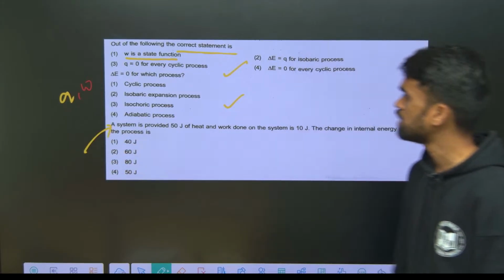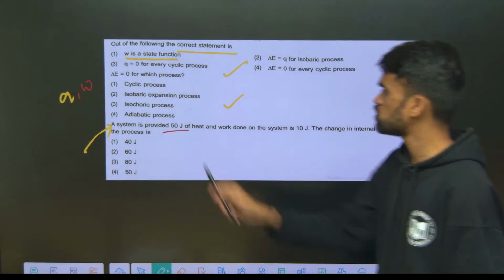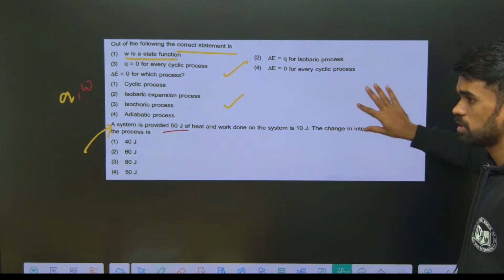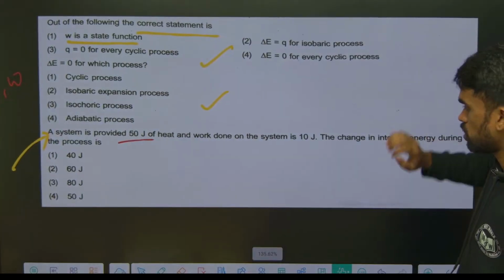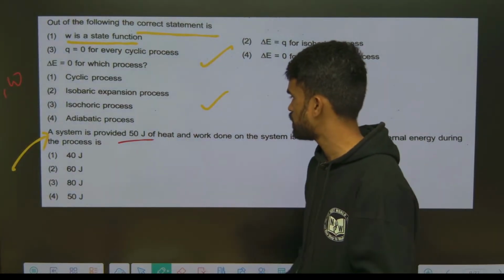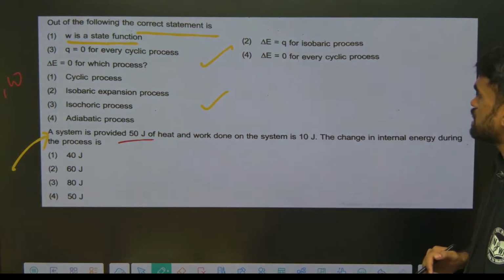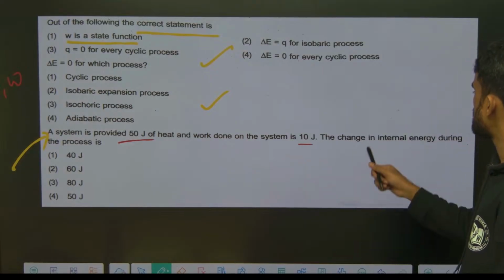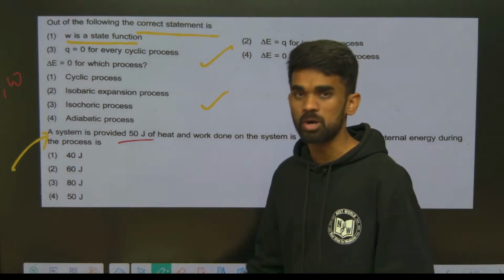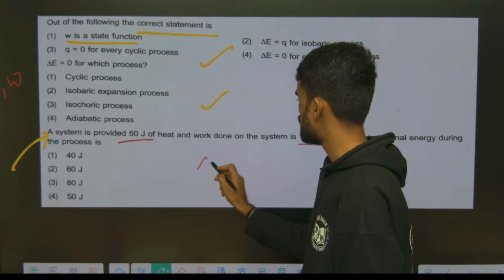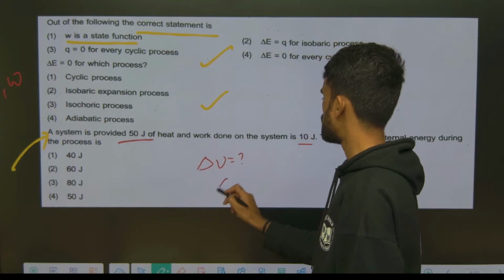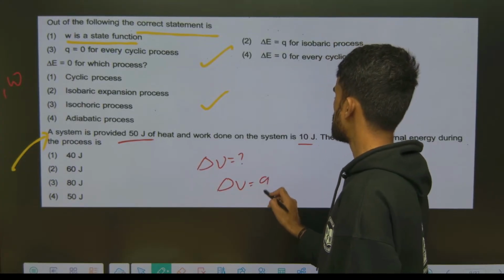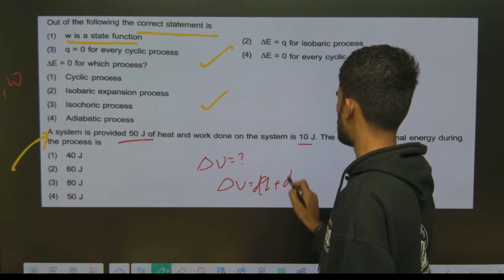A system is provided with 50 joules of heat and the work done on the system is 10 joules. The question asks for the change in internal energy during the process, so they are asking for delta U. Delta U equals dQ plus dW, let us write.